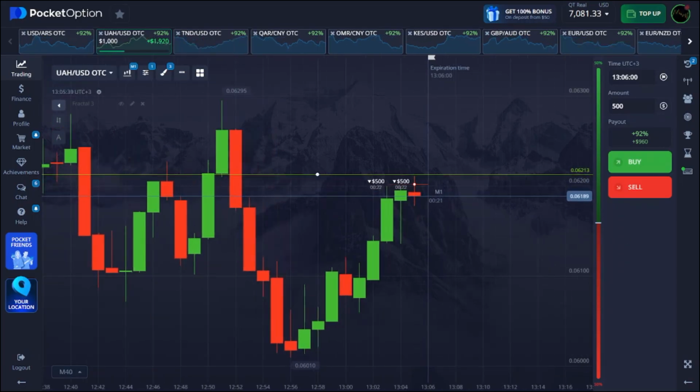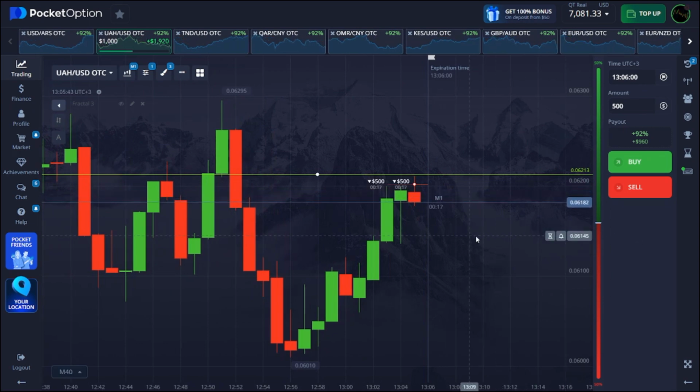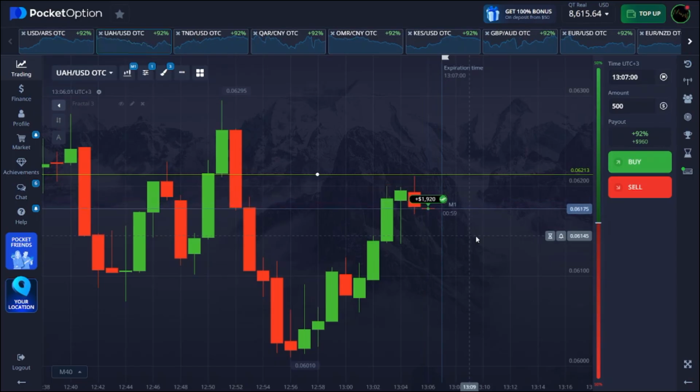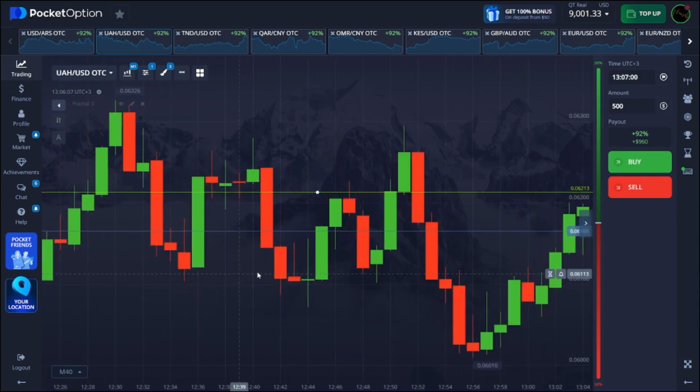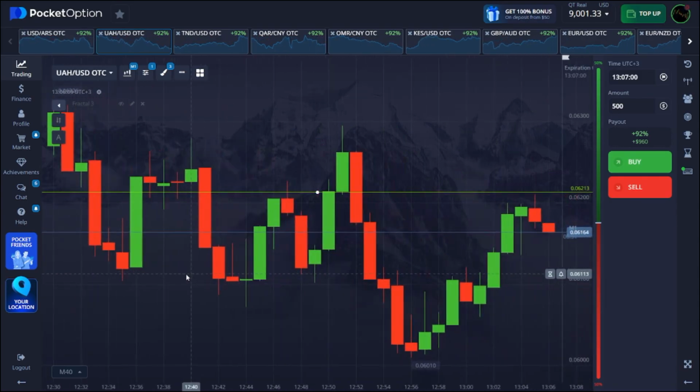So the first mistake kind of ruined my psychology. I'm not going to take another trade after this, so hopefully it will be a winning trade. But guys, you have to be very, very careful not to make mistakes, because mistakes will cost you money. Luckily I won that one, and I'm closing my session right here.